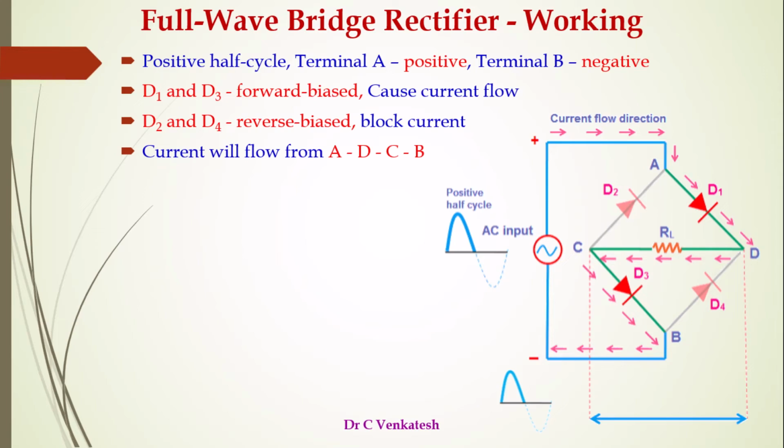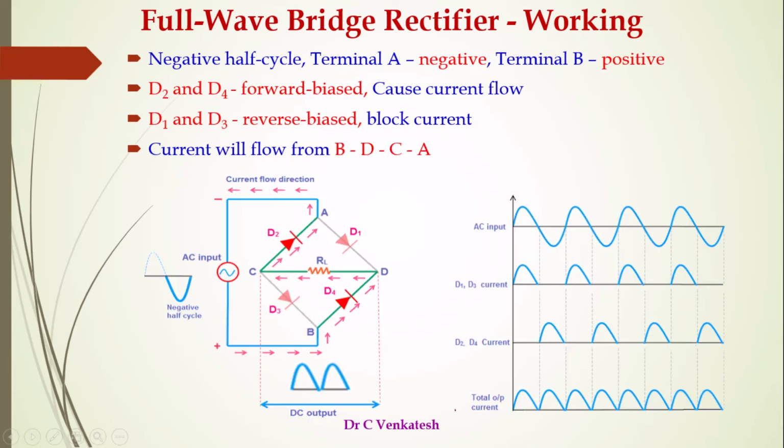The current will flow from A to D, D to C, C to B. During the negative half cycle, terminal A is negative and terminal B is positive. It causes diodes D2 and D4 to become forward biased, and they act as closed switches. They allow current through them.